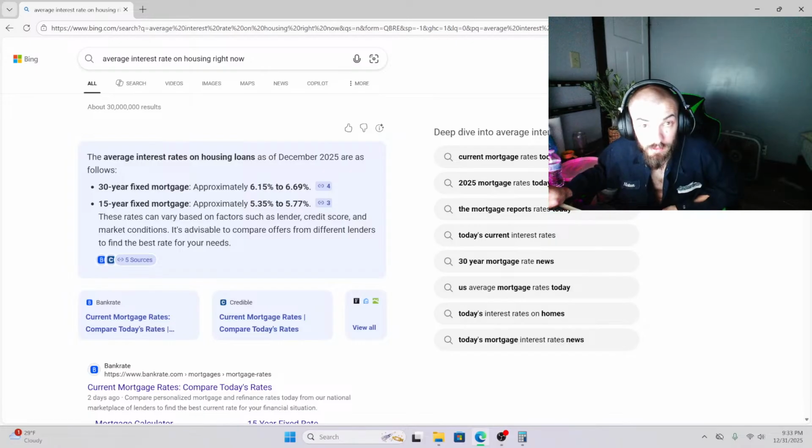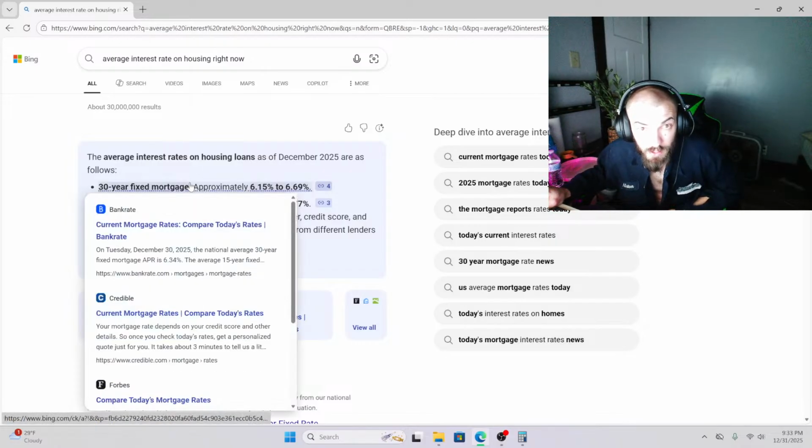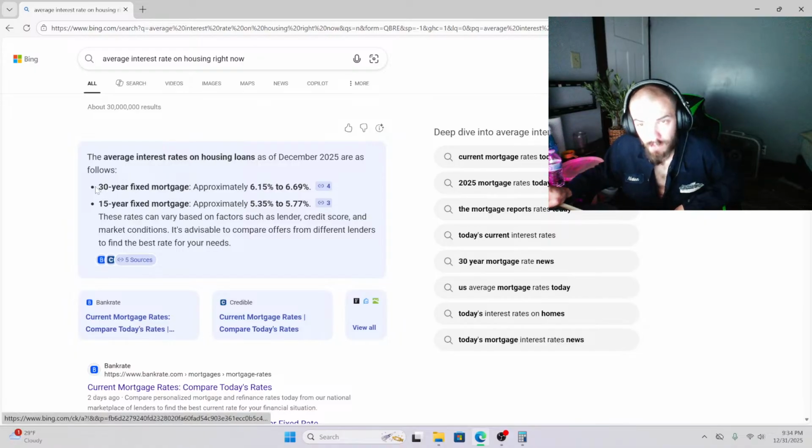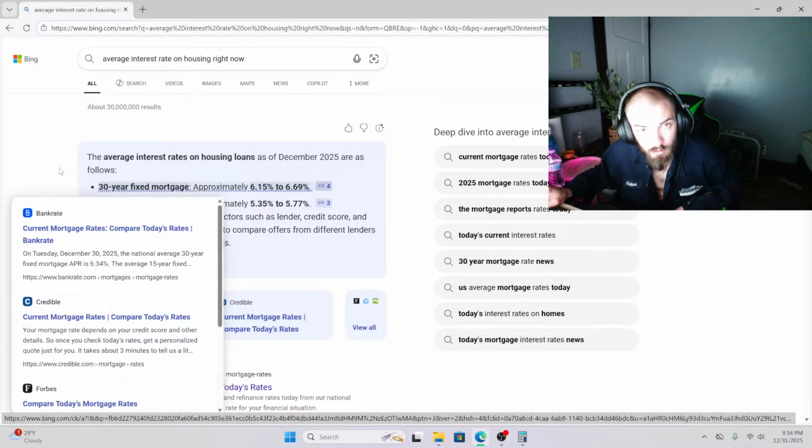I put like 40% down on this house. I had a 700 and something credit score. It's not crazy, like 720, somewhere around there. I got boned, boy. But I got the house for 65,000. Falling apart.